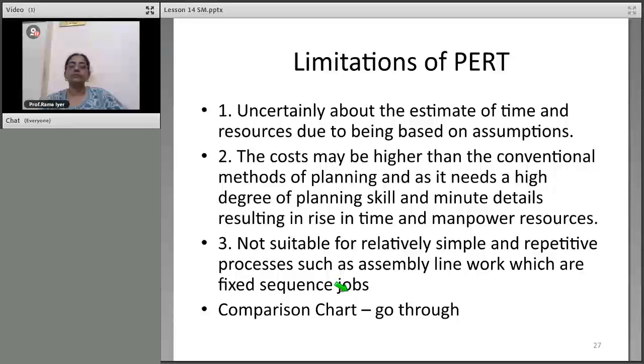Alright. What are the limitations of this method? Basically, how can you estimate? It's based on assumptions, isn't it? And cost may be higher than conventional methods of planning. And then the degree of skill that is required, minute to minute details you should be clear on. It's not suitable for relatively simple and repetitive process.